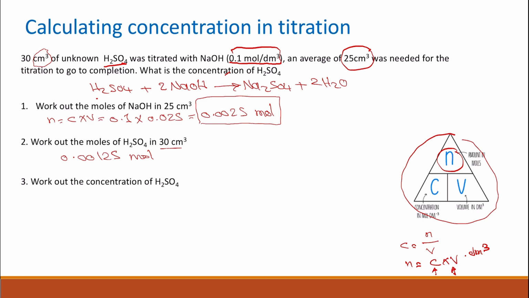So simply, concentration will equal number of moles, which is 0.00125, over the volume in decimeter cubed, which is 0.03. So the concentration here is 0.0417 mole per decimeter cubed. So this is how to calculate the concentration of the unknown using the concentration and volume of the known solution.